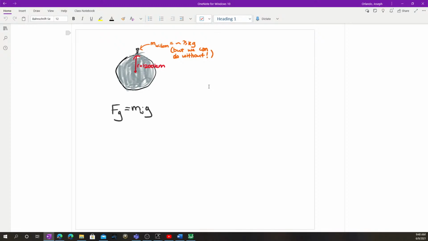But we also know that the force of gravity should be equal to the universal gravitational constant times the product of the two masses divided by the distance between them squared. Perfect. Well, our pal Euclid comes back again. Two things that are equal to the same thing are equal to each other.